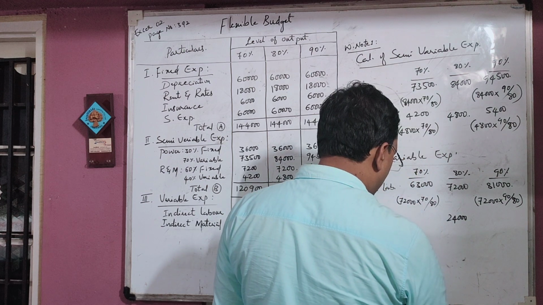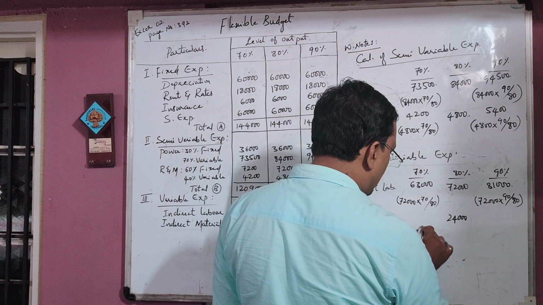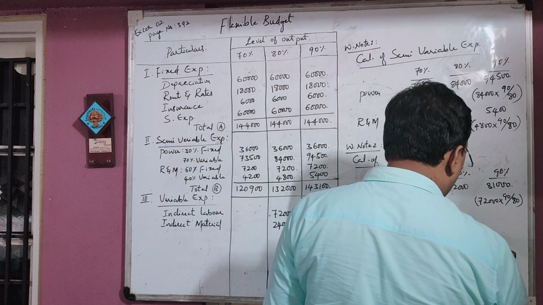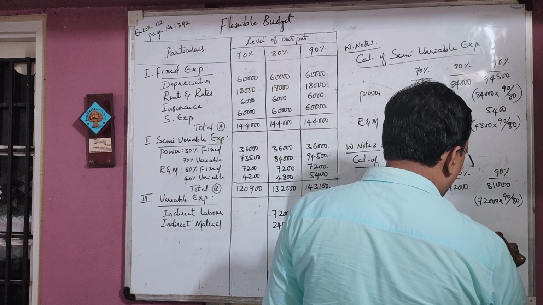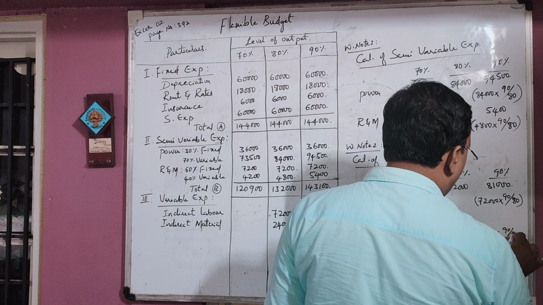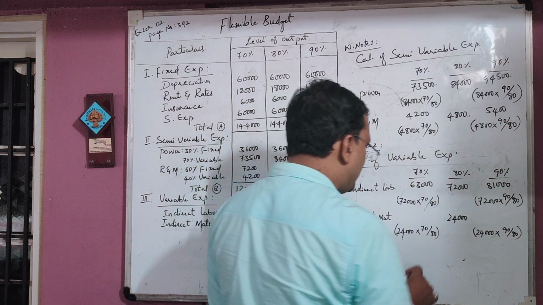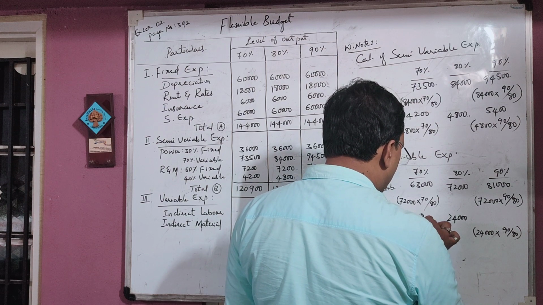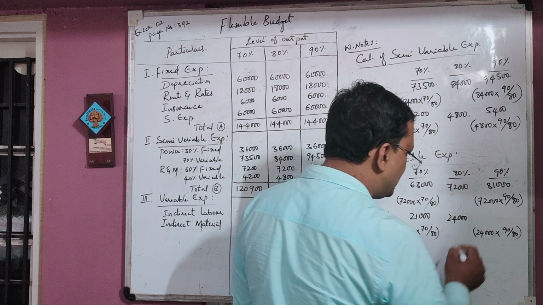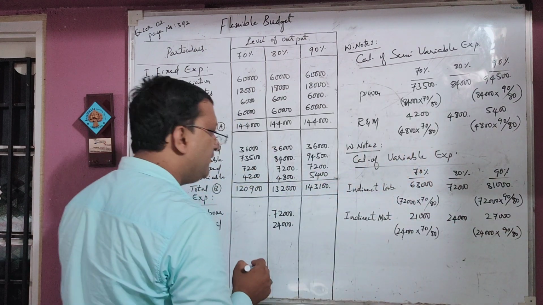We want 70 out of 80, so 24,000 into 70 divided by 80 is 21,000. Then 90% we want: 24,000 into 90 divided by 80 is 27,000. Here fill it up.